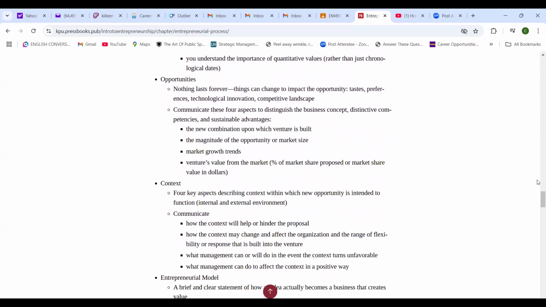New combination upon which the venture is built.